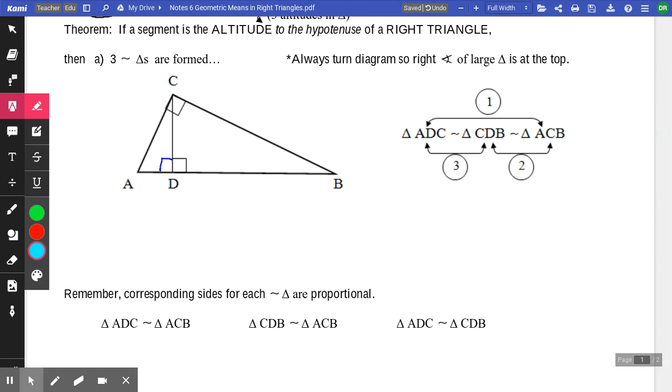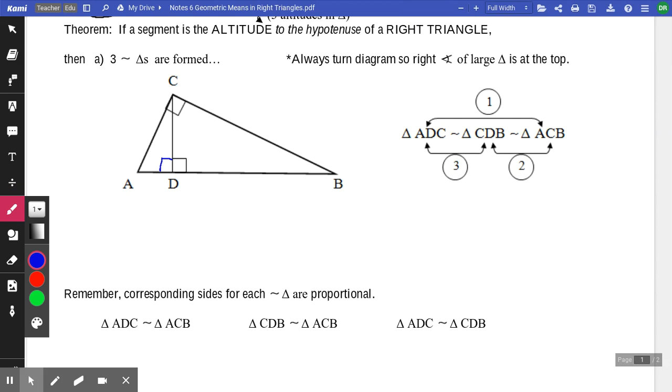So I want to label this picture. If you can do this with me here. I want to start with the big triangle here and give it some sides. So the big triangle ABC has a 90-degree angle, and because of that, the side across from the 90-degree angle is called the hypotenuse. I want to talk about the hypotenuse of the big triangle, which is down here.